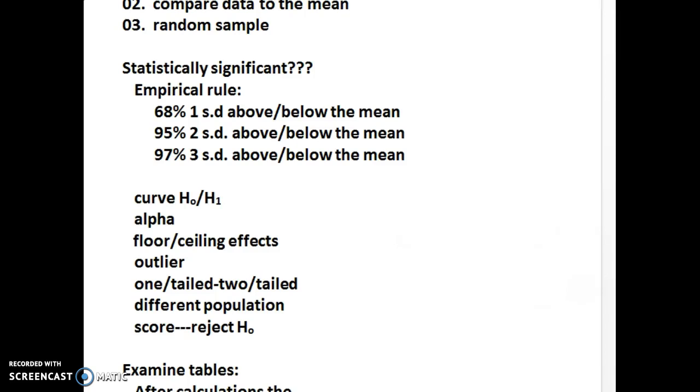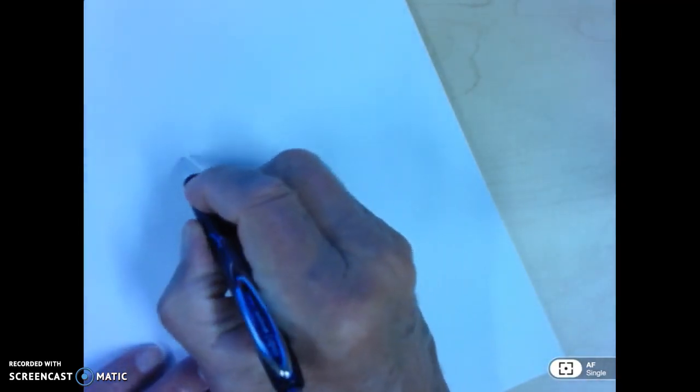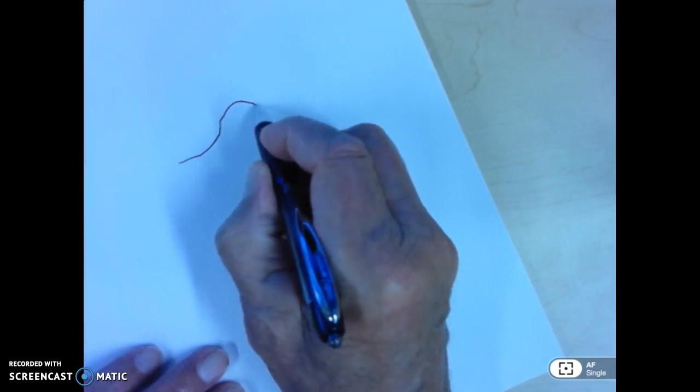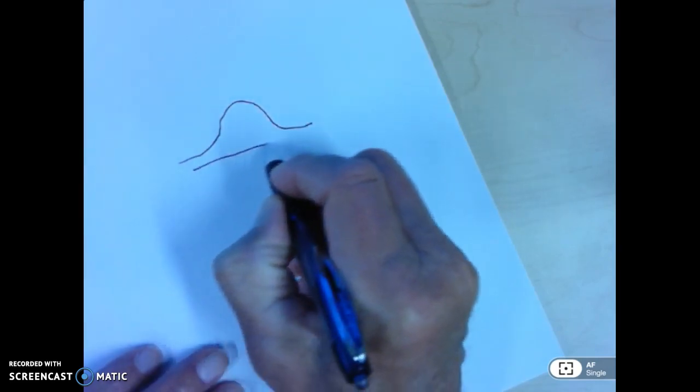Now, on the 1 and 2 tail tests that we're looking at right here, most of our tests are 2 tail tests. We have the normal curve here. Oh, those curves are getting worse.